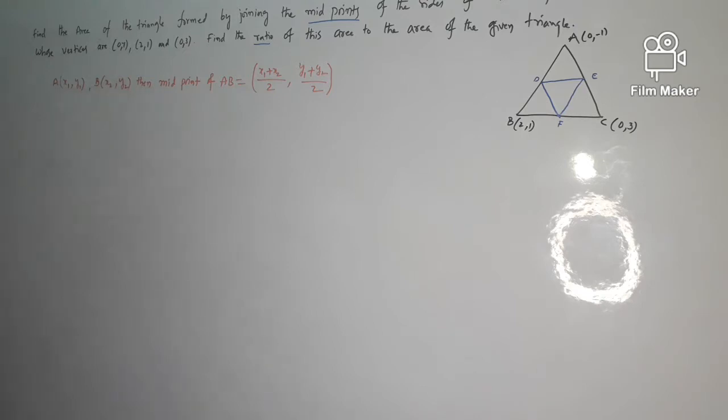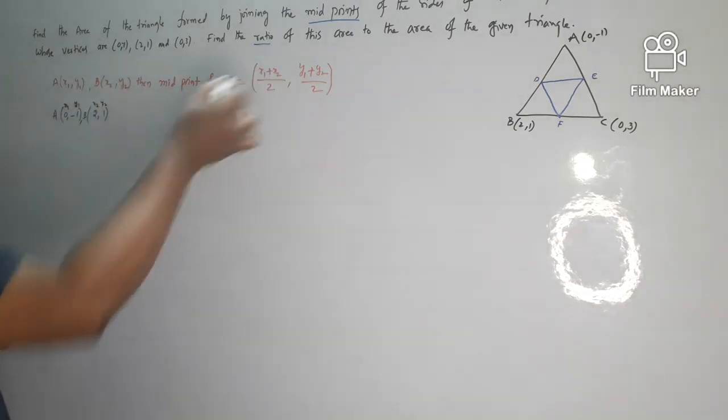Now find the midpoint of AB. A is (0, -1), B is (2, 1). Write x1, y1, x2, y2. Now substitute these values in this formula.